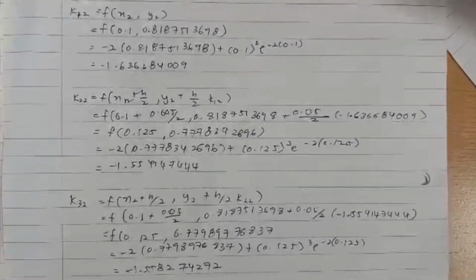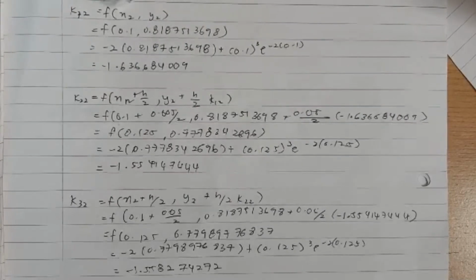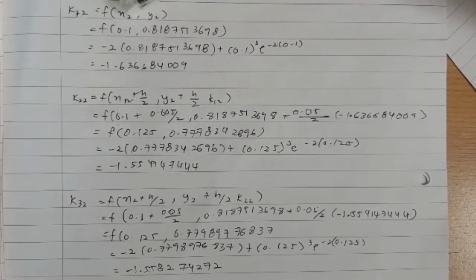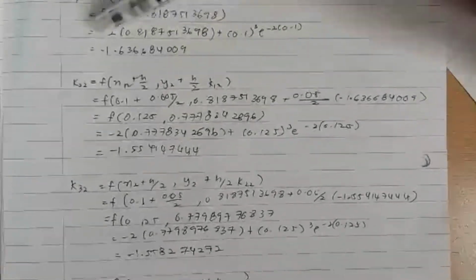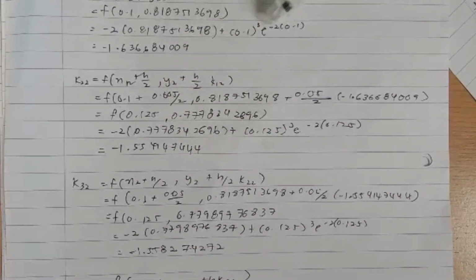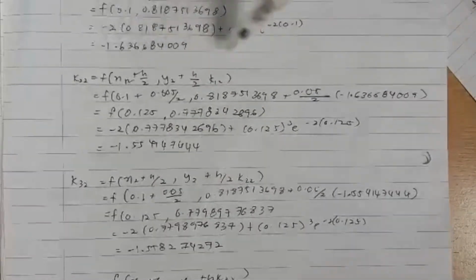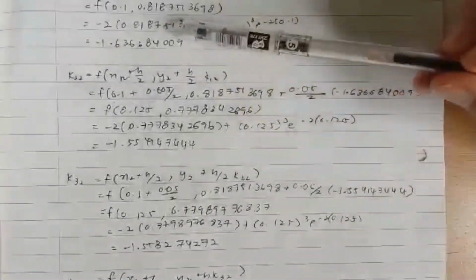So this is the first one, k12 is equal to f(x2, y2). The x2 and y2 values have been calculated before, so you just have to substitute them into the equation, and then we will get this value.